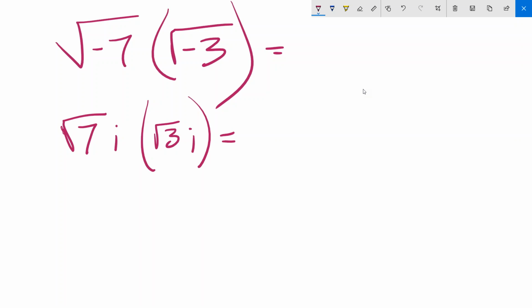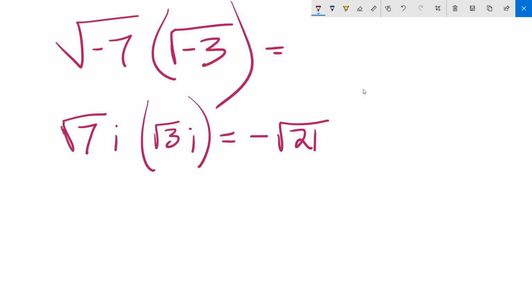Root 27i squared. Which gives you what? Root 27 times negative 1, so it's... Yeah. It's actually 21, not 27. Yeah, 3 times 7 is 21. My bad. Did you see how I got the negative sign in front? Because I ended up with root 21i squared, which is negative 1, so it's just negative.